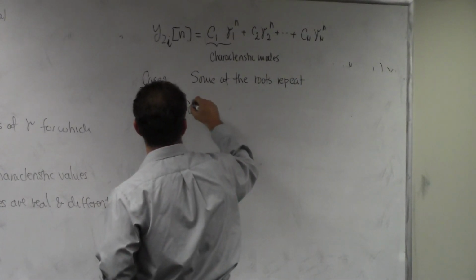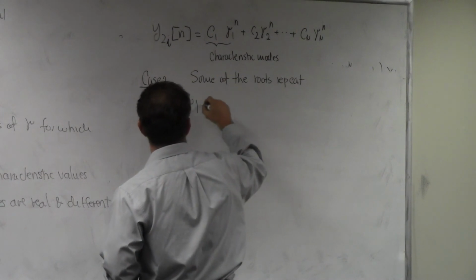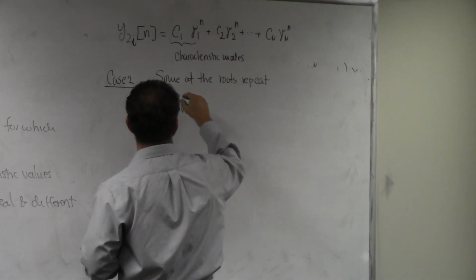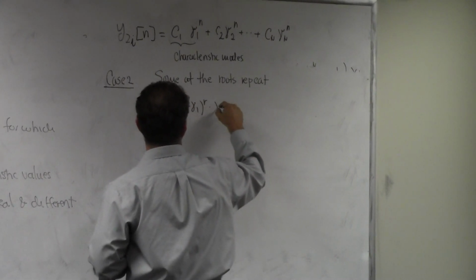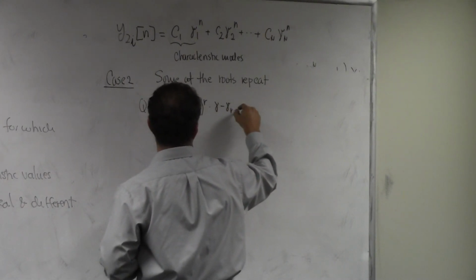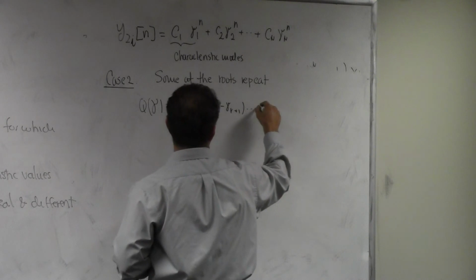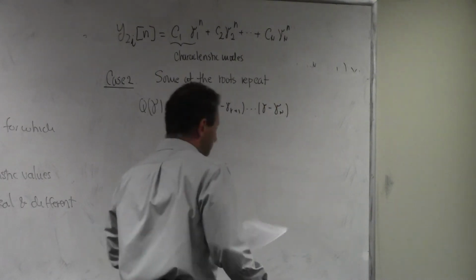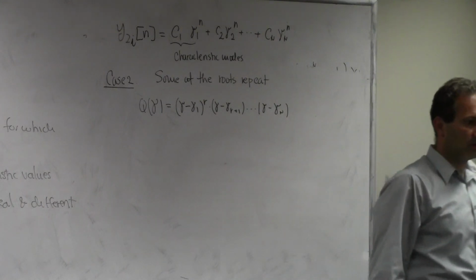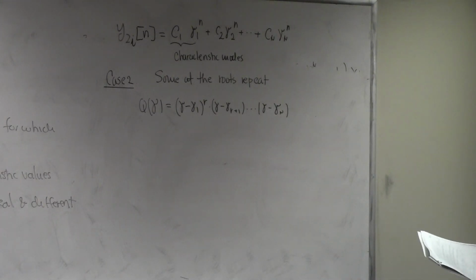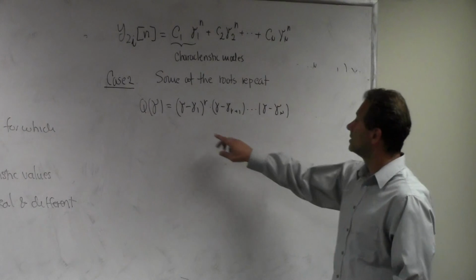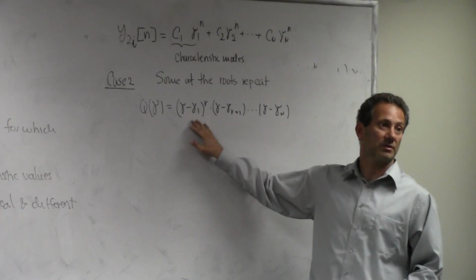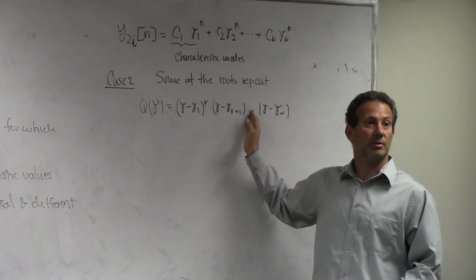So, in other words, your Q of gamma is in the form (gamma minus gamma 1) to the r times (gamma minus gamma r plus 1) all the way to (gamma minus gamma n). This is just factoring your characteristic polynomial, and what we're trying to say is there's a root gamma 1 here which repeats r times, and all the others are simple roots.